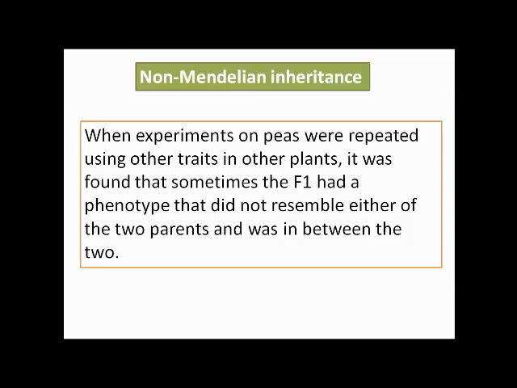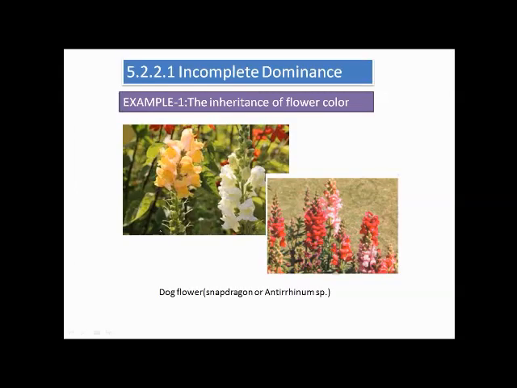So when the experiments on peas were repeated using other traits in other plants, it was found that sometimes the F1 had a phenotype that did not resemble either of the two parents and was in between the two. One such cross was suggested to be incomplete dominance.